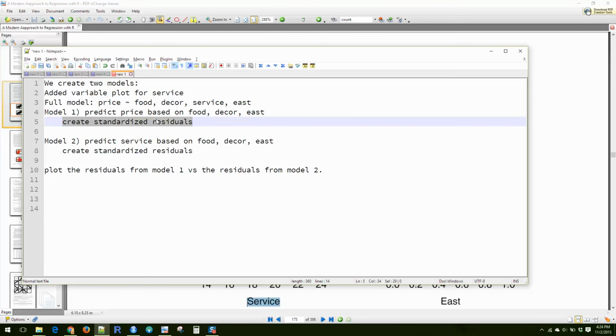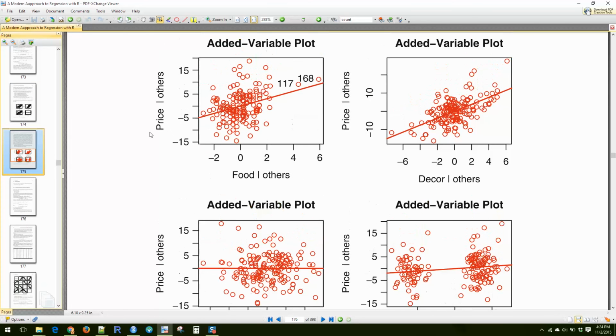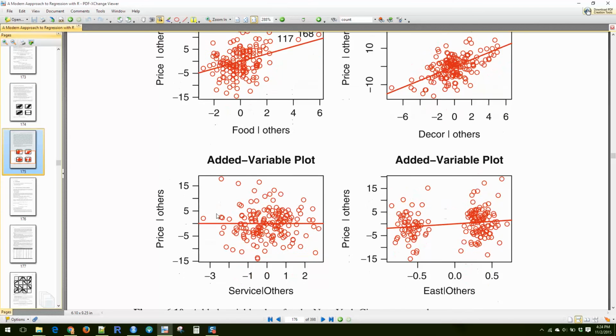Okay, so if we keep that in mind, then we can see how having a variable that correlates super highly with the other variables might not give us any added information for price. And so if we do that, this is the added variable plot.